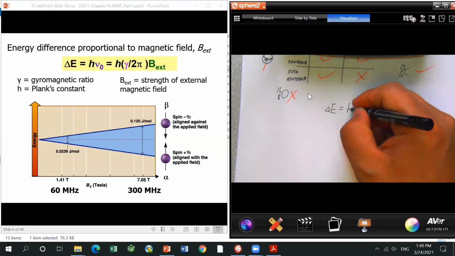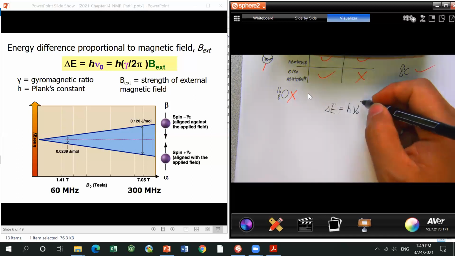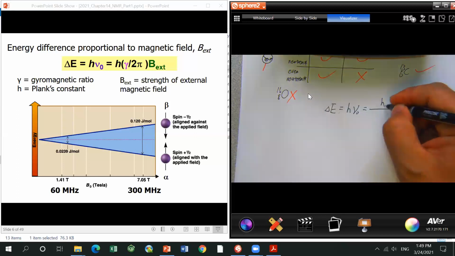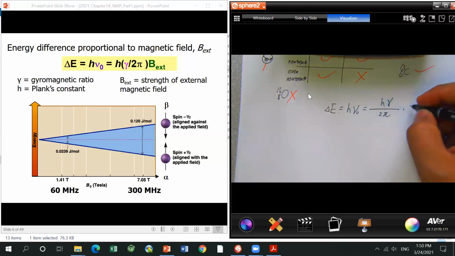Then h nu, where nu is the radio frequency and h is the Planck constant, equals gamma divided by 2 pi, times the external magnetic field strength, B.